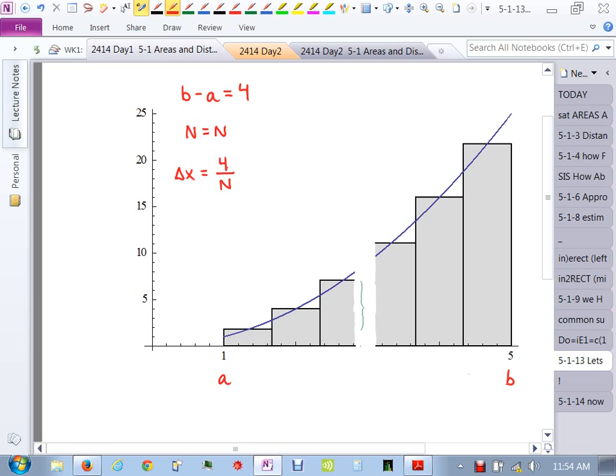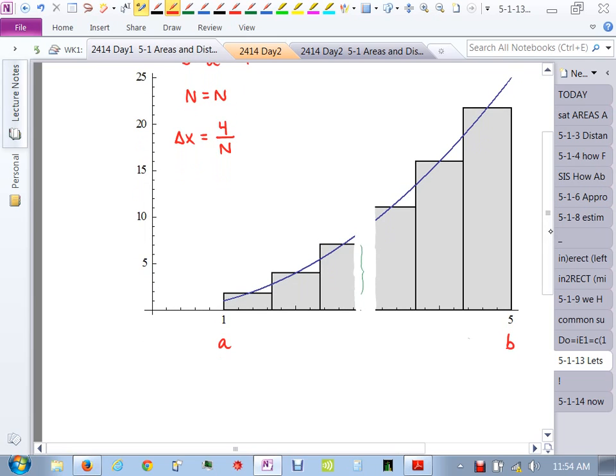Now let's label some points. The first point here we will call x naught, and that's A, isn't it? Now, our next one is x1. But how did we say we could get to x1? By taking A and adding to it delta x. Agreed?